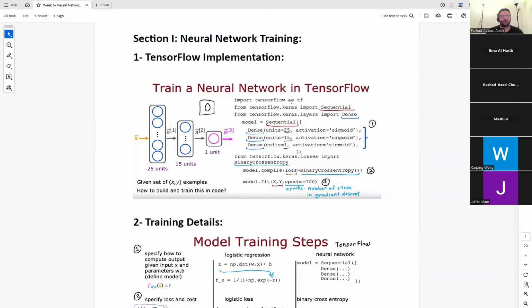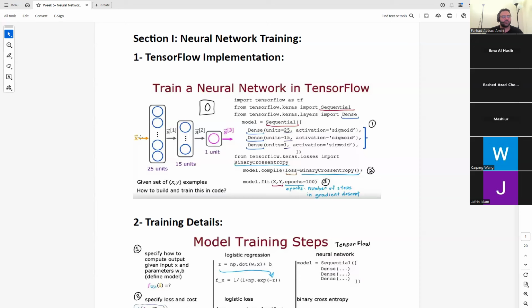From TensorFlow, as I mentioned, Keras these days is part of TensorFlow. So from TensorFlow we can use Keras and then import Sequential. Sequential is used to string together these layers, right? For example, our model would be the sequential of 3 layers, because we have 1, 2, 3.